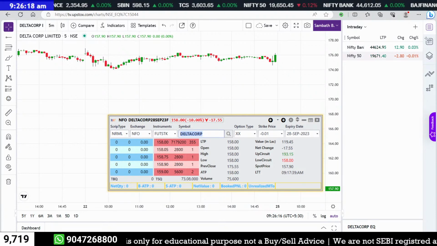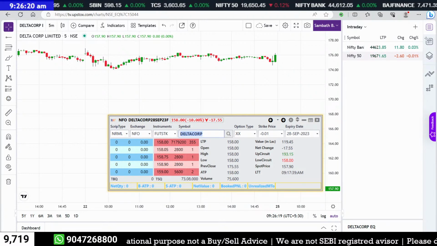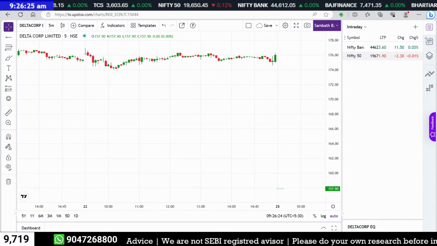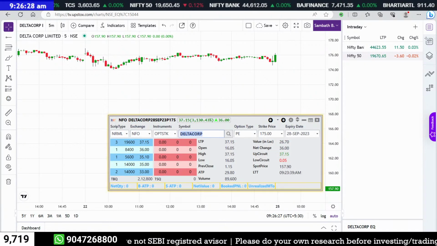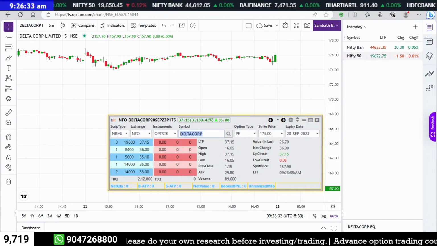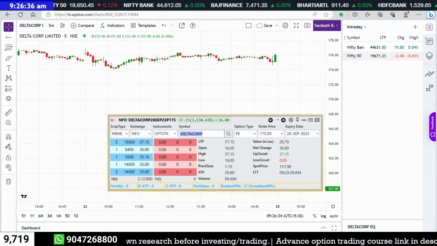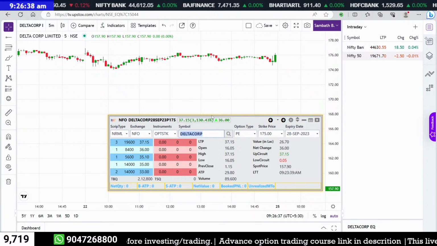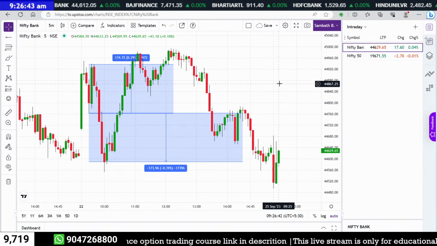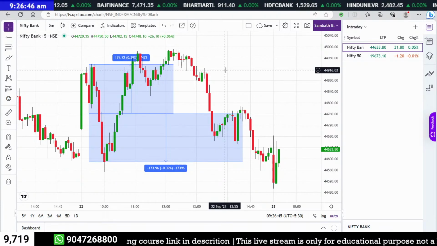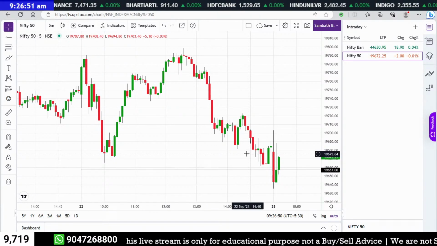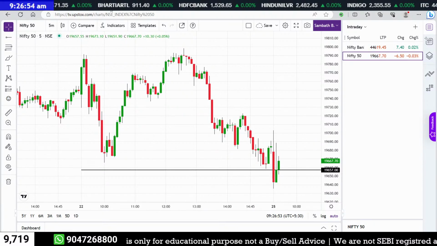There is no bias. So very flat. After the start, it went up and down, and it was trading in a narrow range.